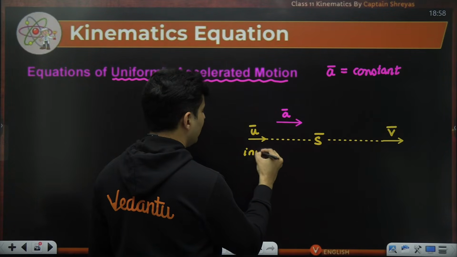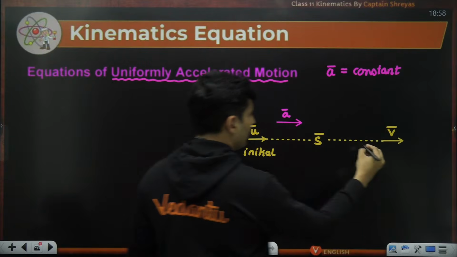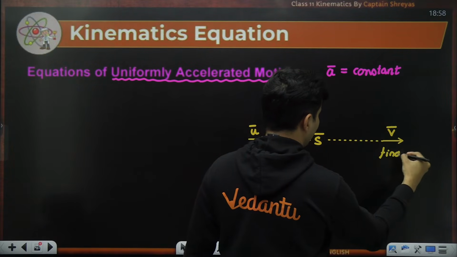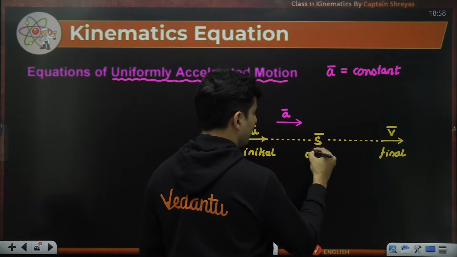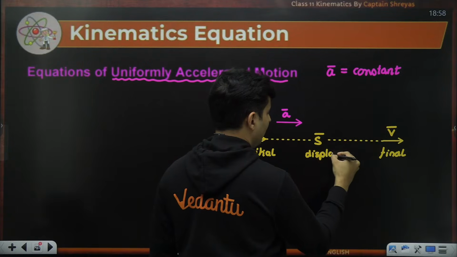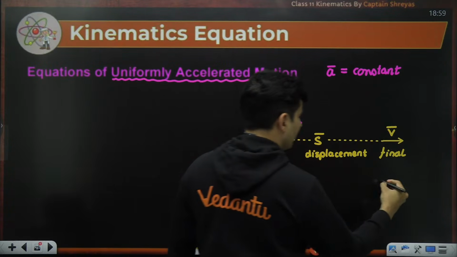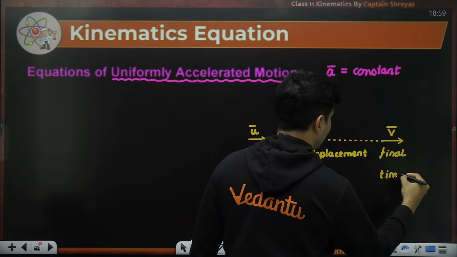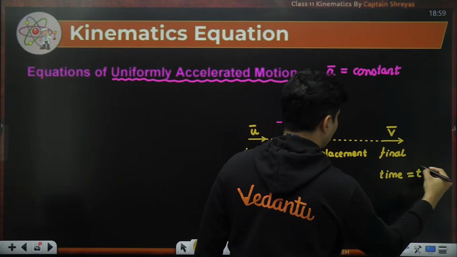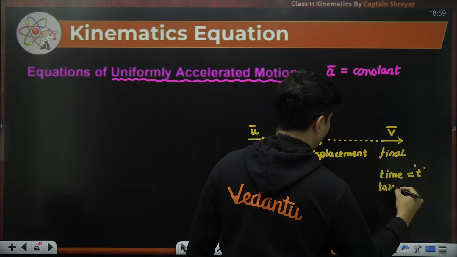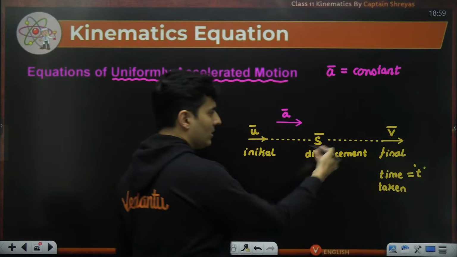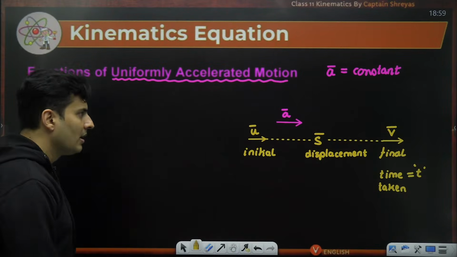So this is your initial condition, this is your final condition, and this is nothing but the displacement that you have undergone. And let's say we have taken time of t. This is the time which you have taken to achieve that new velocity or to cover the displacement.